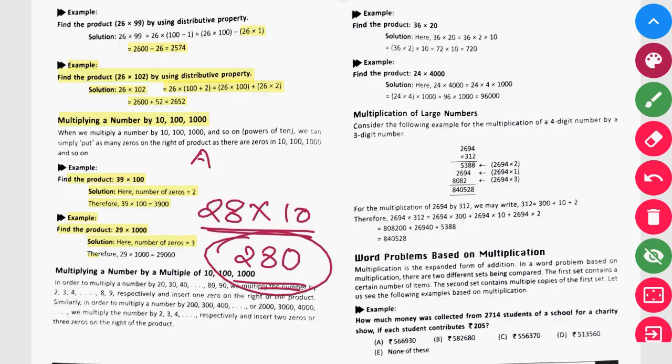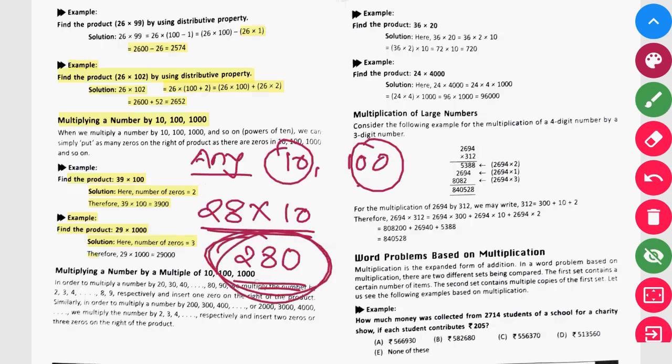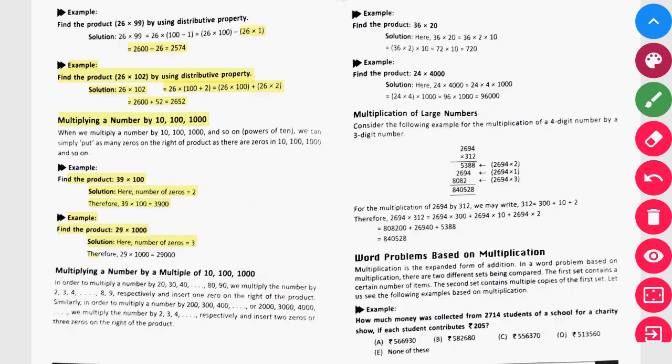Means if any number is multiplied with a multiple of 10, like 10, 100, you just add as many zeros as there are in the multiple of 10 to the number, and you get your product.